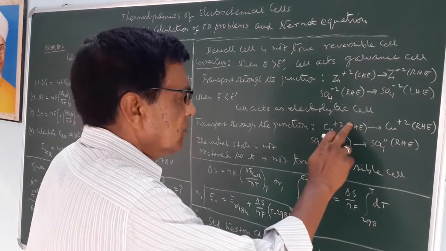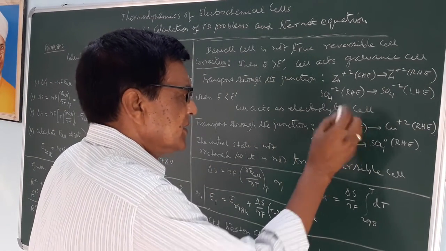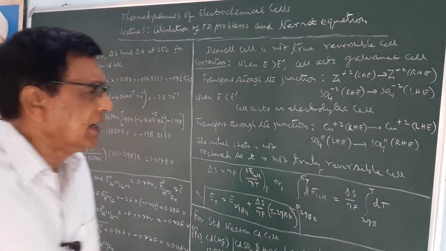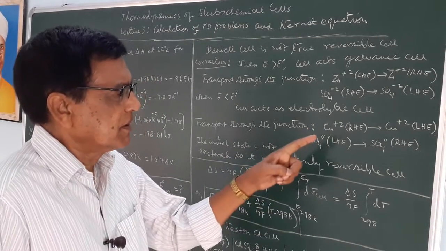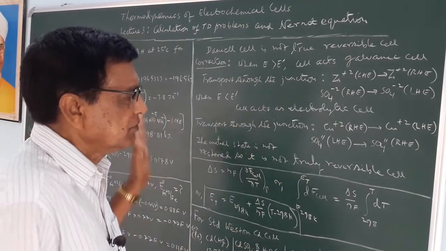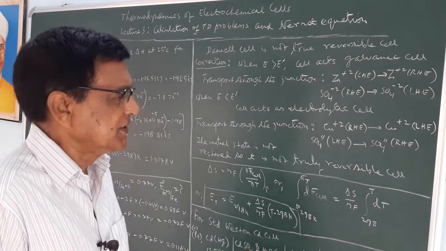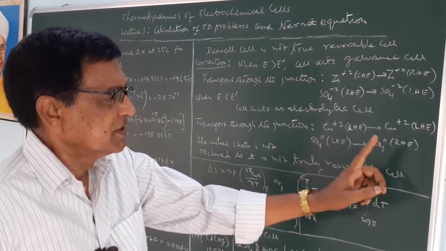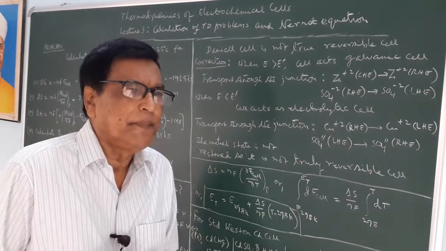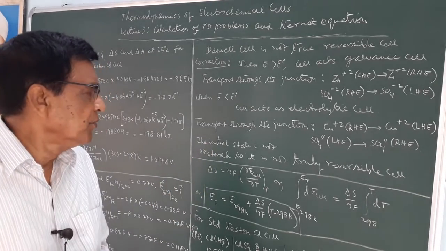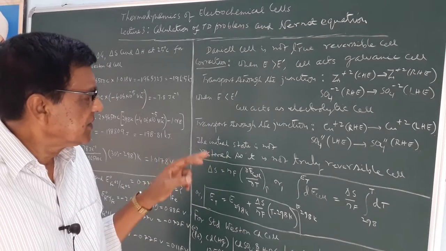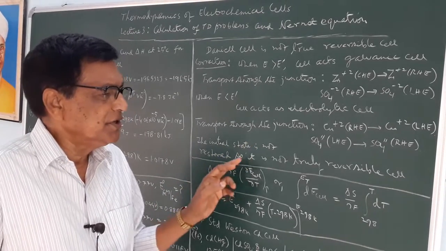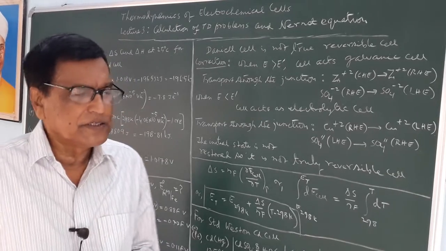Copper ion is moving from this right hand side to this left hand side, and as zinc ion is splitting out in the left hand side, sulfate ion remains in excess. So sulfate ion is moving from this left hand side to this right hand side in order to make these two half cells electrically neutral. So the initial state of this Daniell cell is not restored, so it is not a truly reversible cell.